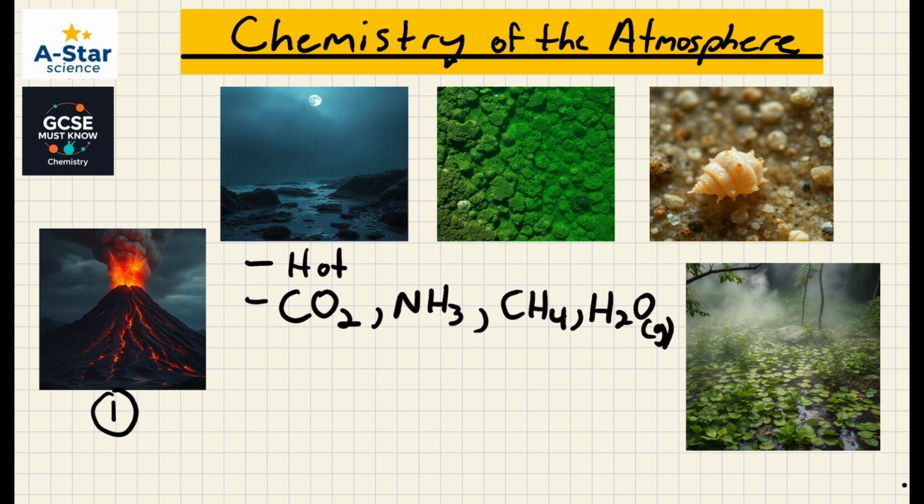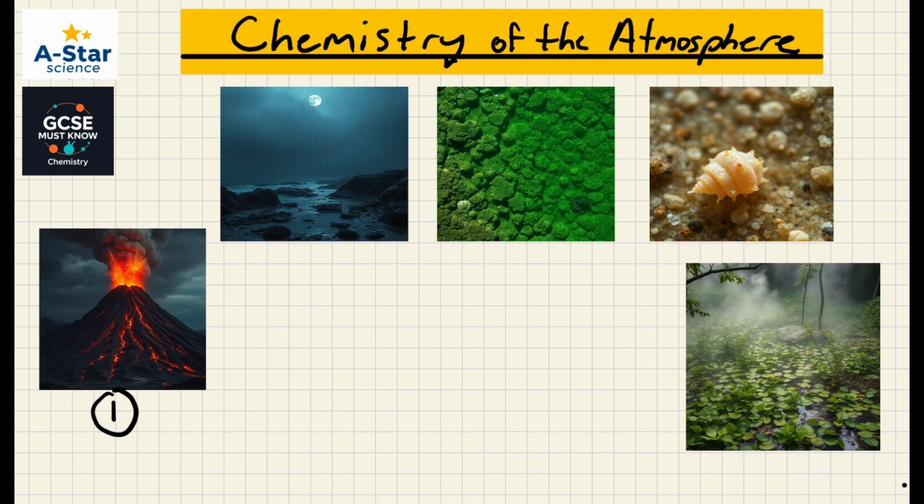So I'm going to call that a gas in the form of steam or vapor in the atmosphere. Those were the main gases that would have occurred in the first stage of the formation of our early atmosphere. Now, over time, that atmosphere would cool down.